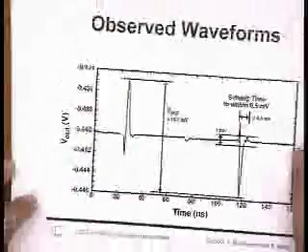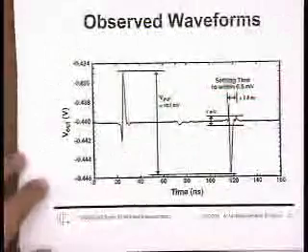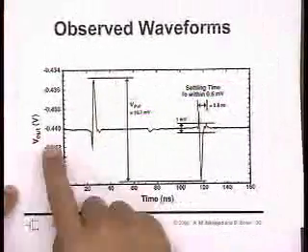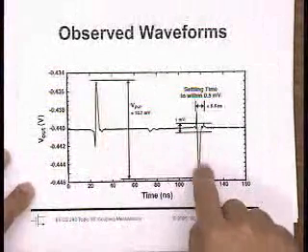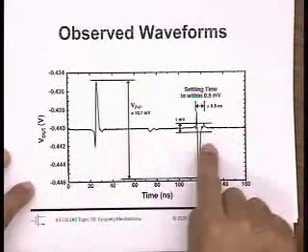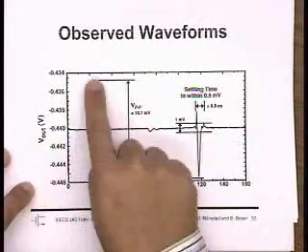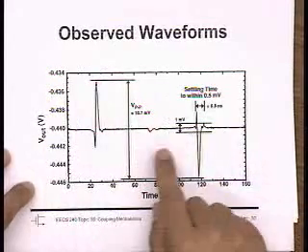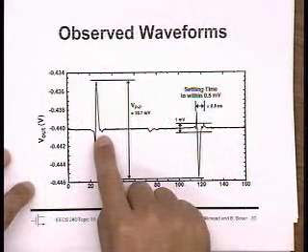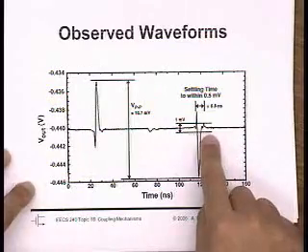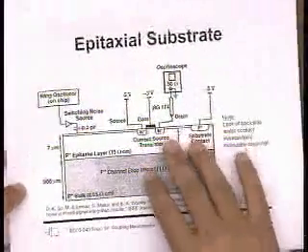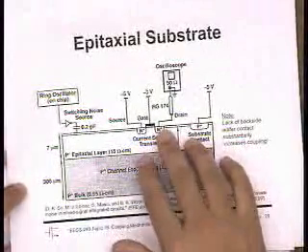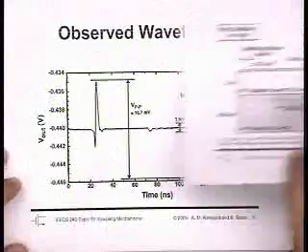These are some of the waveforms they observed. You can see that as you have a switching event, you get a voltage waveform; this might be the rising edge, this might be the falling edge, or vice versa. These are the voltage spikes that you observe on the drain of that transistor. That transistor, remember, is not connected to anything, so any voltage on the drain is substrate coupling.